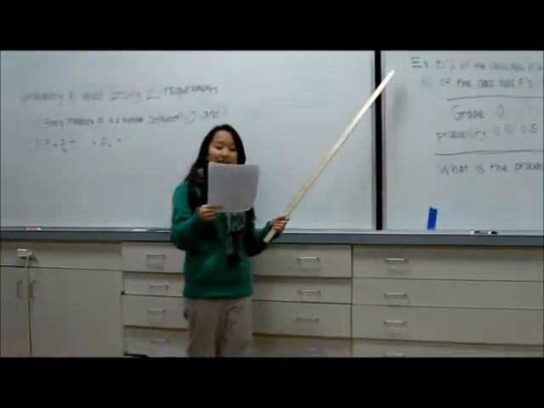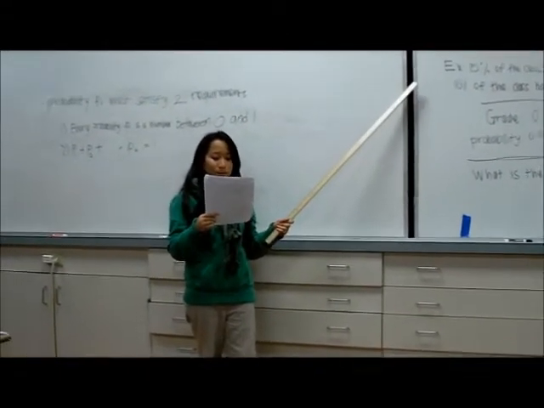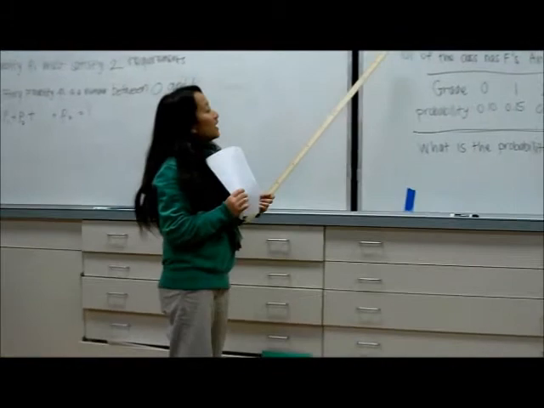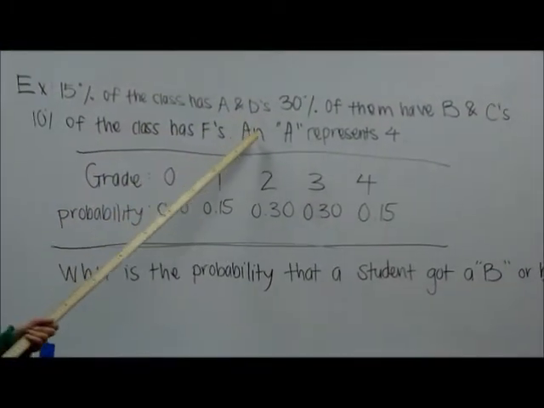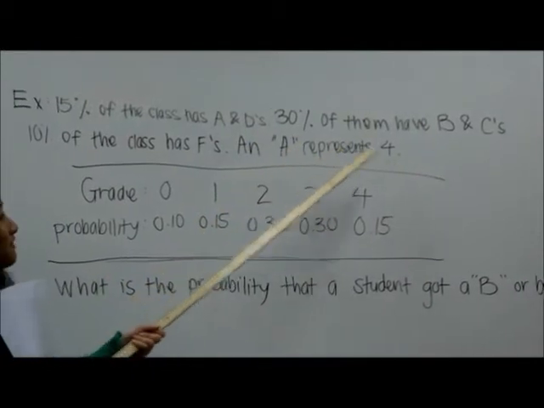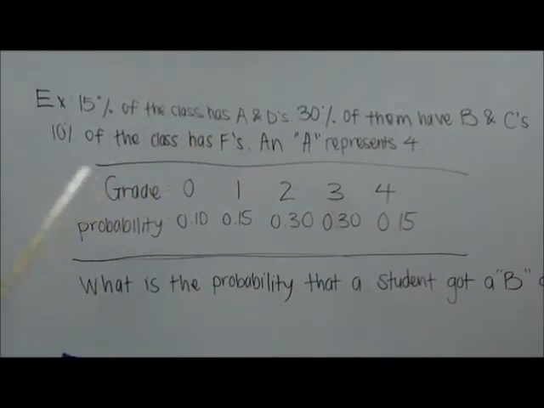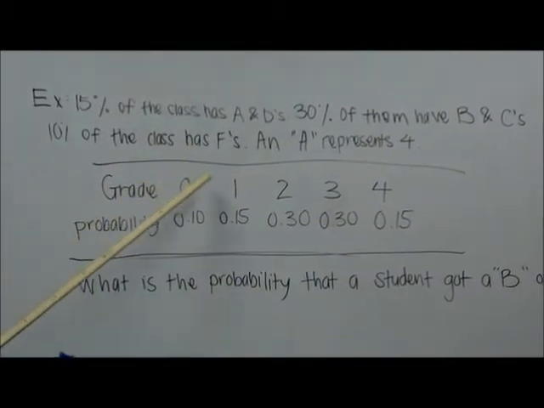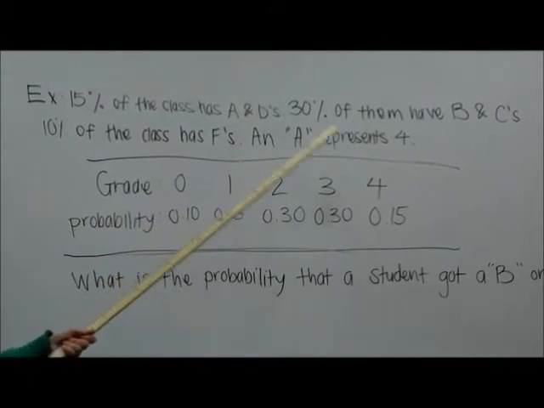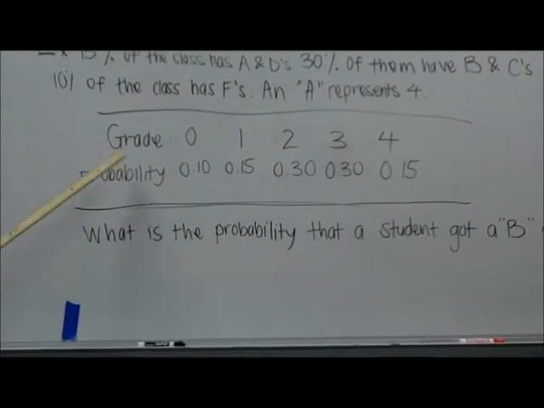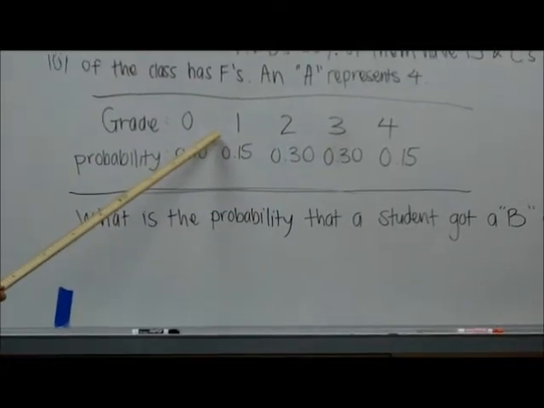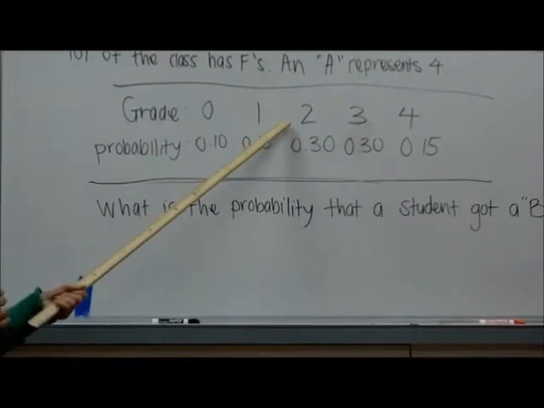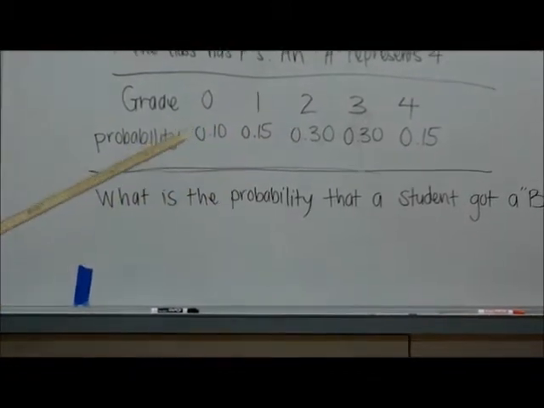The following is an example of probability. Suppose 15% of the class has A's and D's, 30% have B's and C's, and 10% of the class has F's, and A represents 4. So the letter grade 0 is an F, 1 is a D, 2 is a C, and so on.